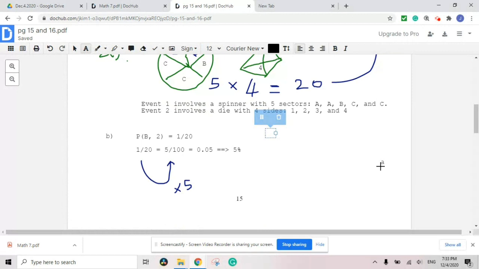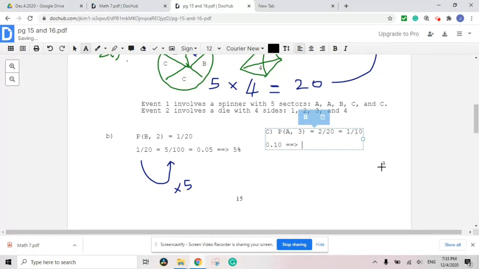So I like to say C, and P, probability of having A, 3. My desirable outcome is 2 divided by 20, which is 1 over 10. And 1 over 10, ladies and gentlemen, is equivalent to 0.10.